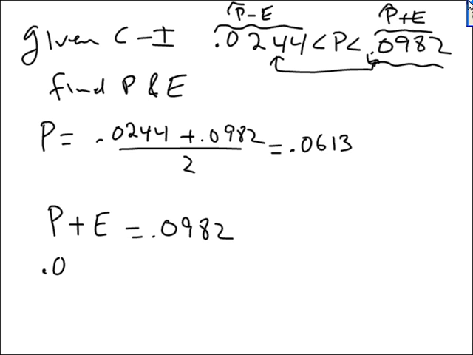And you know P hat is 0.0613. So let me write that, 0.0613. And you add E to it, and like magic, you get 0.0982.